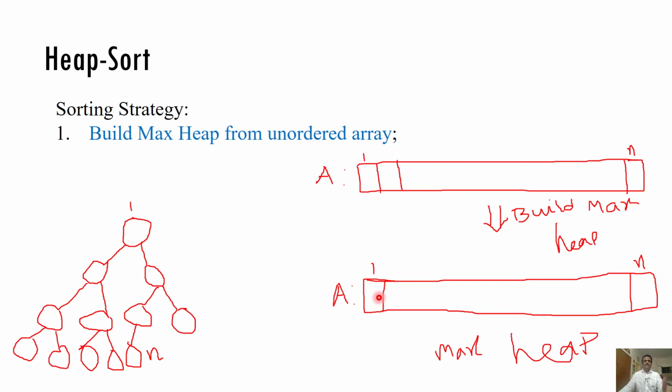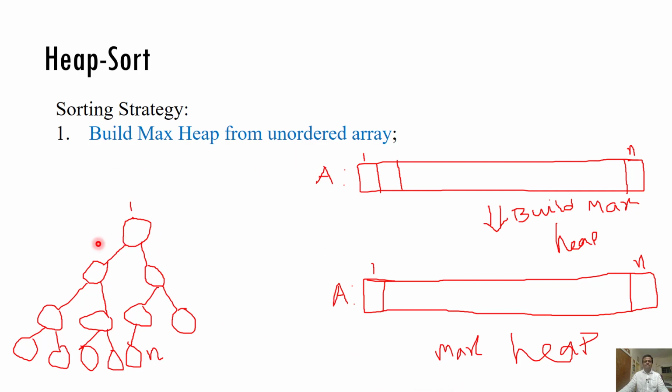The idea I am telling, I will come to the detail of this. So, A1 and An. A1 is largest. If we view this tree, this contains the largest element, and this has some value. We do not know this value, it is not necessarily the minimum, but at least we know the root is the largest after build max heap.